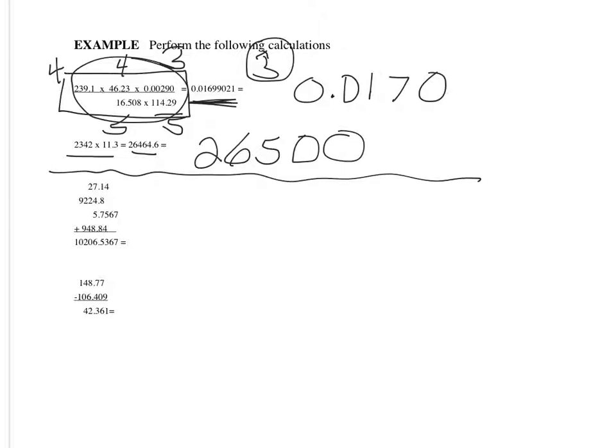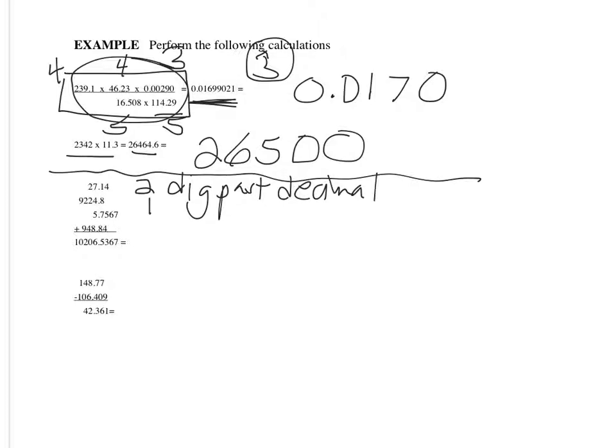Notice now that we have a different set of mathematical functions that we're using. We're using addition and subtraction in the next few. So what I want to do is count the number of digits past the decimal. Here we have 2 digits past the decimal.